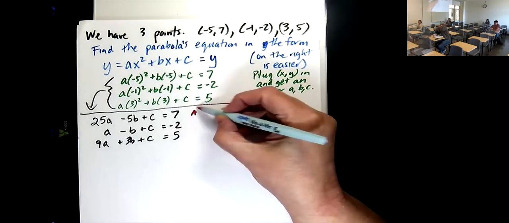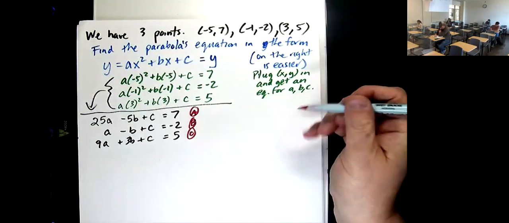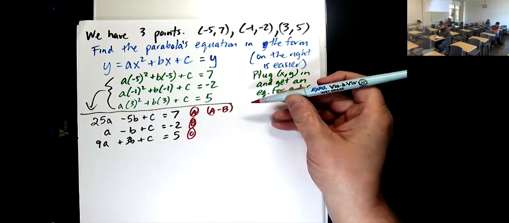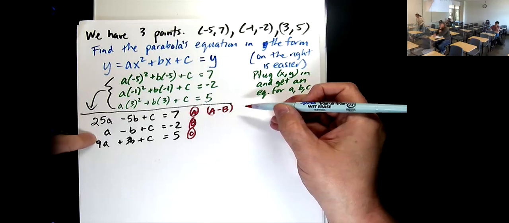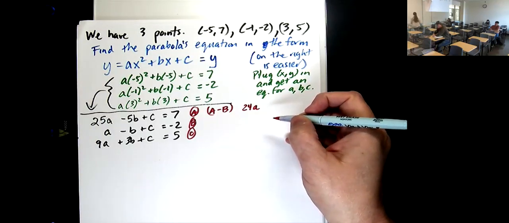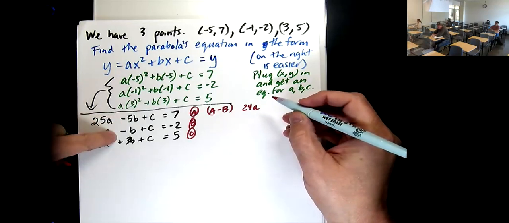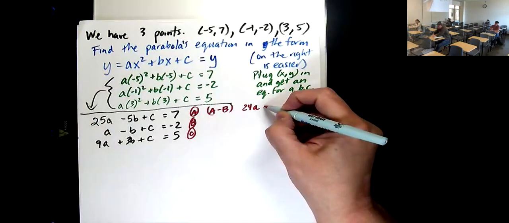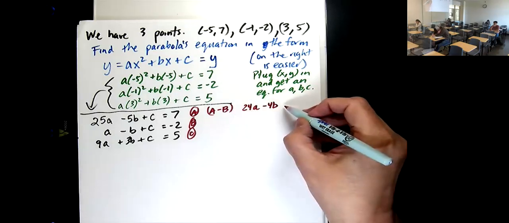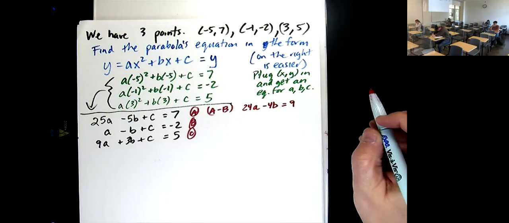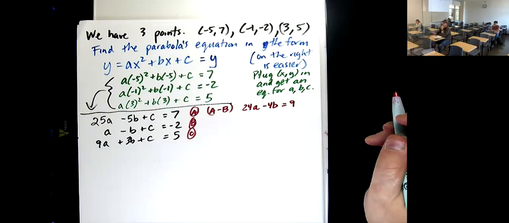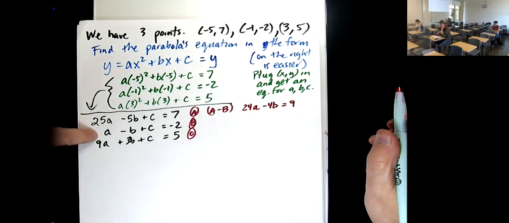So maybe let's call these big A, big B, and big C. If I do A minus B, I have 25A minus A is 24A. -5B minus a -B is really a plus B, so -5B plus B is -4B. And 7 minus -2 is 9. Yeah, I just subtracted this one from this one.